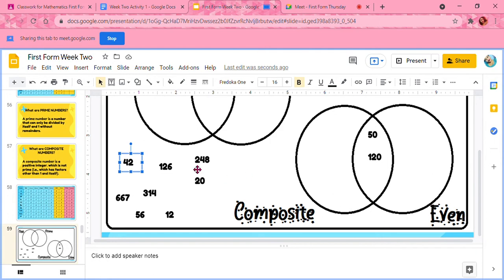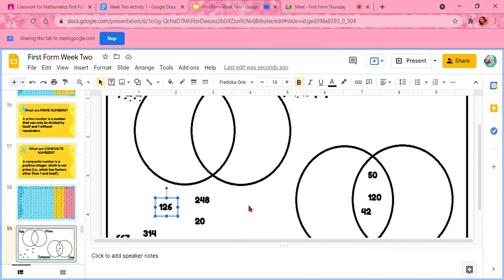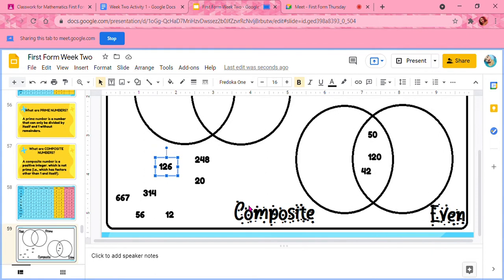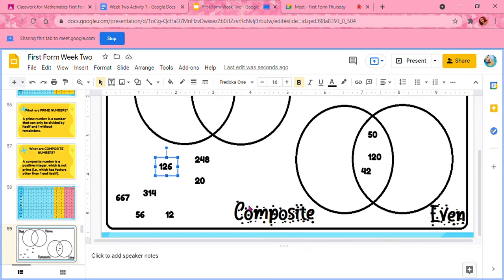Composite. Very good. So that is going to come right here too. How about 126? It's even, but it's also a composite number.